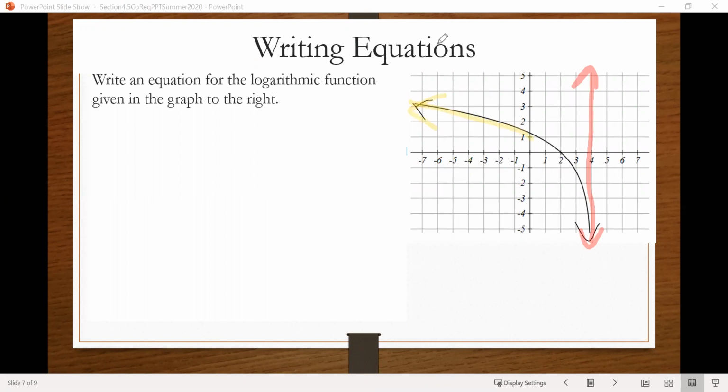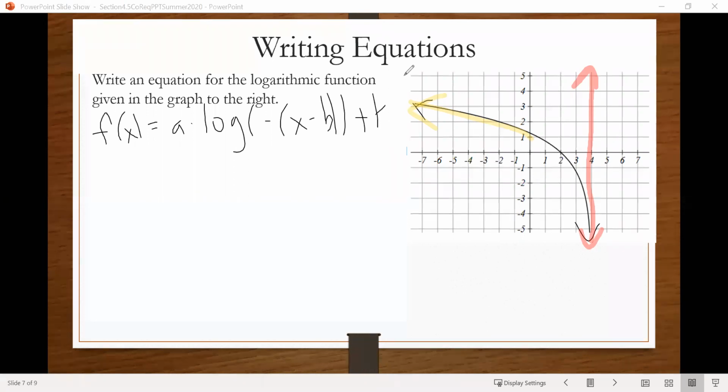Because it shoots off to the left, that tells us that it has been horizontally reflected, which means when we go to write the equation, we need to use the form f of x equals a times log of minus x minus b plus k. All right, so we'll work with this.